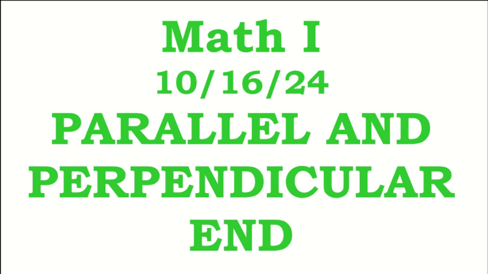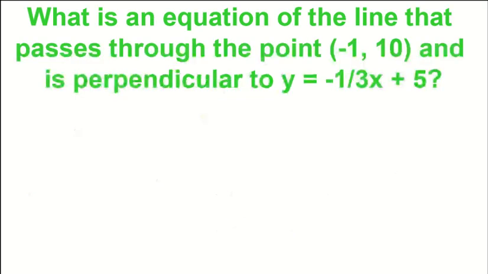We're going to do one last day working with parallel and perpendicular lines. So let's go ahead and start with this one. We need the equation of a line and is perpendicular to y equals negative 1/3 x plus 5.